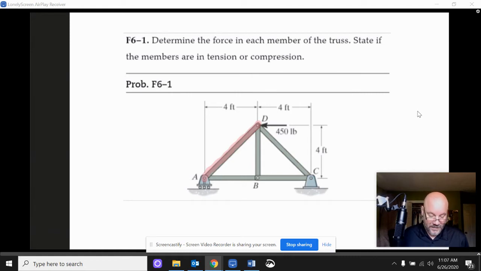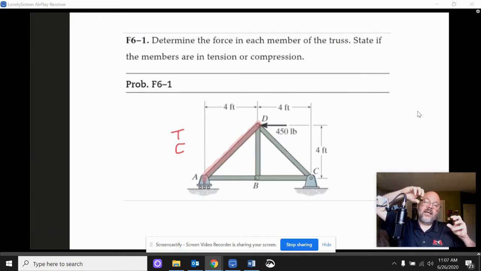What we'd like to know is, is piece AD under tension or under compression? If it's under tension, then it's getting pulled apart. Imagine it's like a spring that's going to try to stretch.